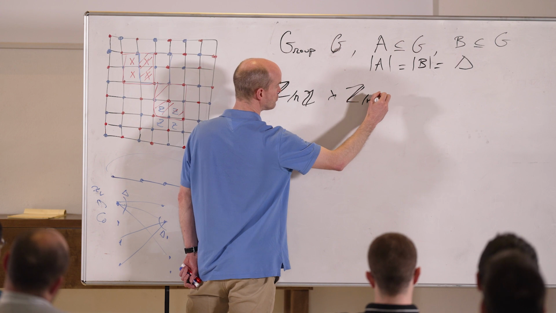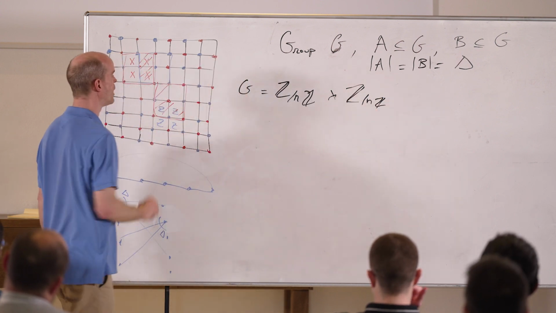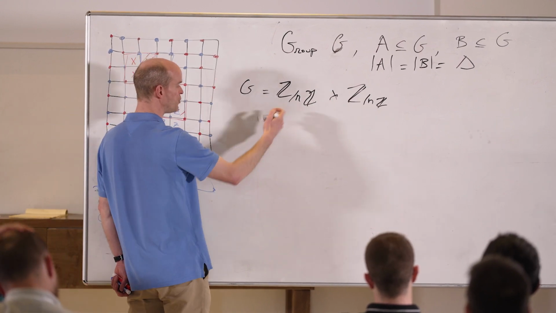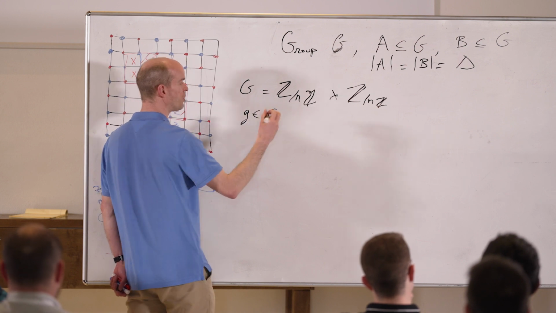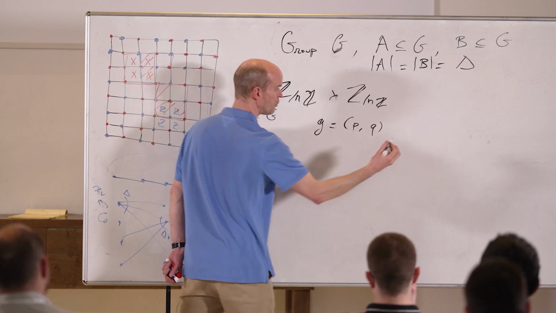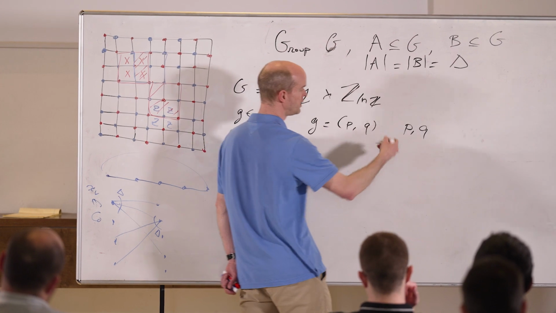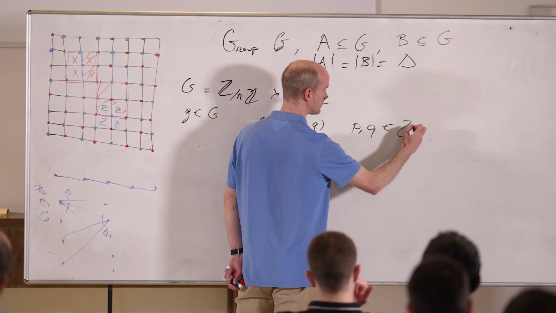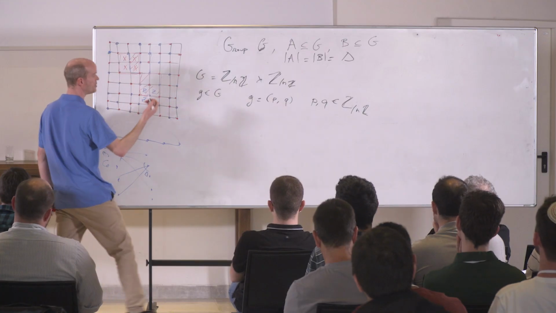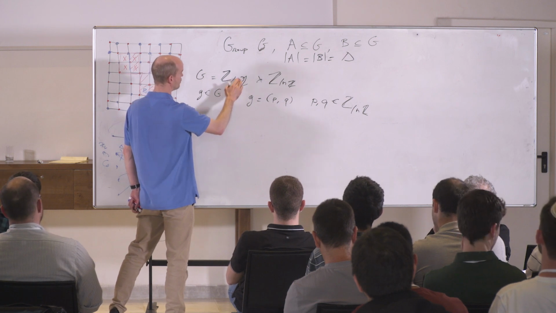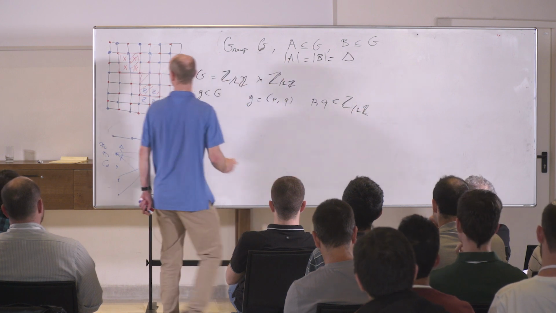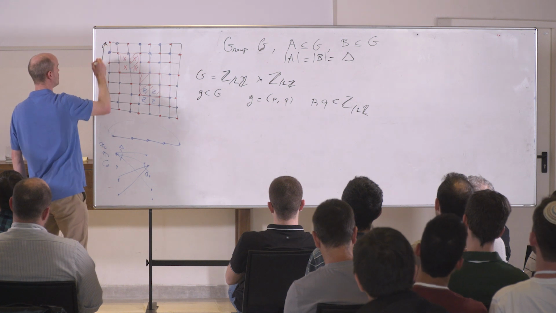So it's a product of two groups, and this would be my G. An element of G is just two numbers, some (p, q), where both p and q are numbers between 0 and n minus 1. Let's call the small n capital L.